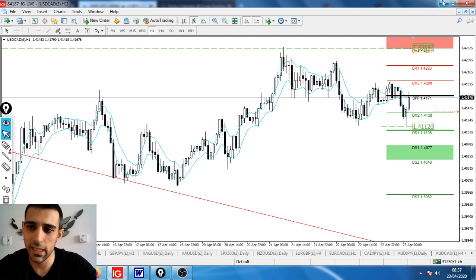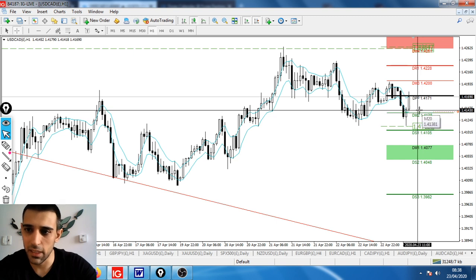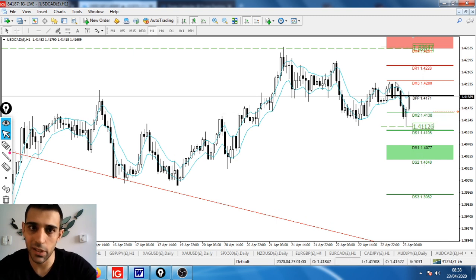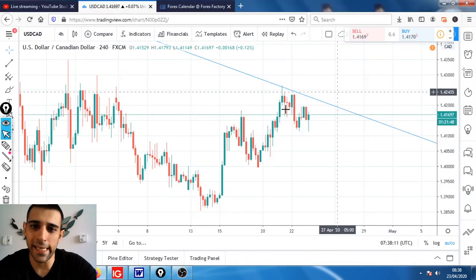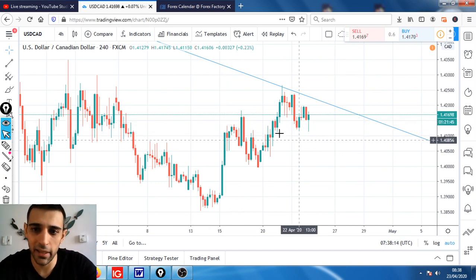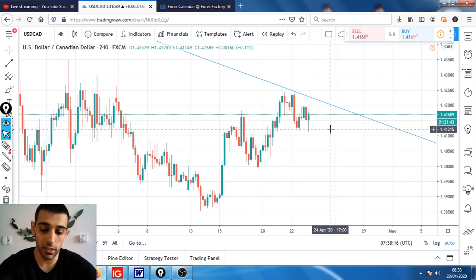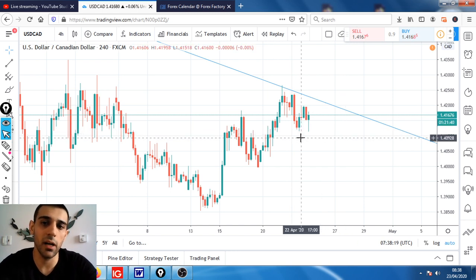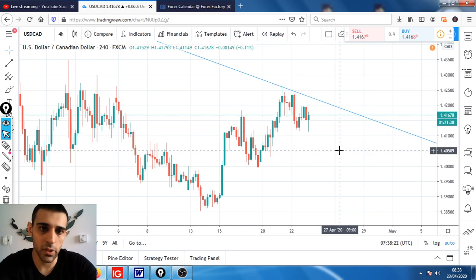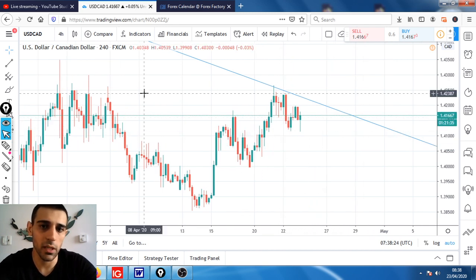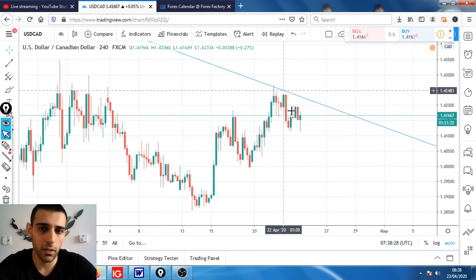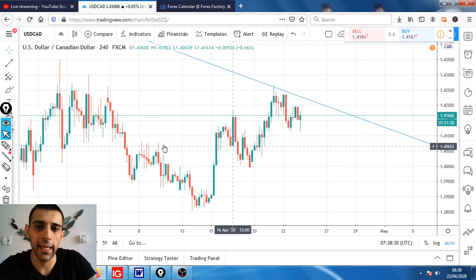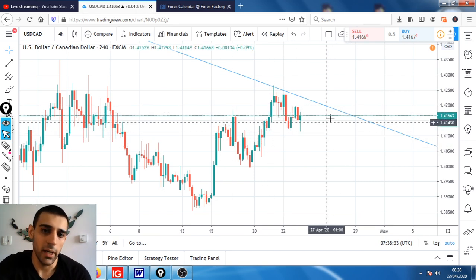The only problem with this one is that if it comes down to the zone where I originally wanted to get on, it's going to leave this big wick, which I would not be as happy with. So I probably need to reassess and reanalyze this trade and see if there's another opportunity, and might need to check the 4-hourly time frames.